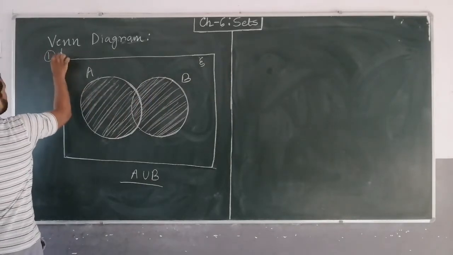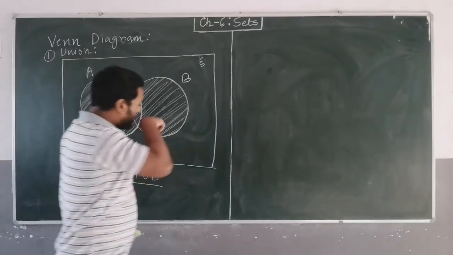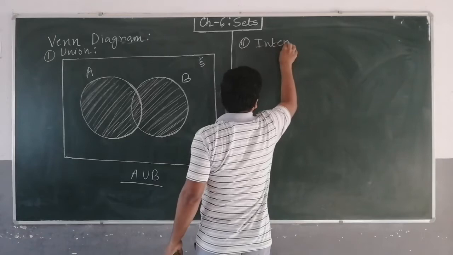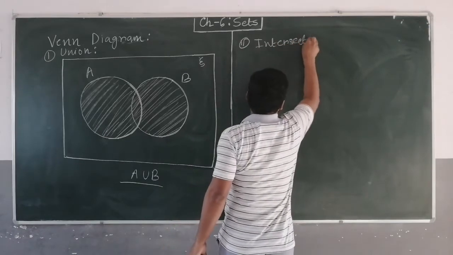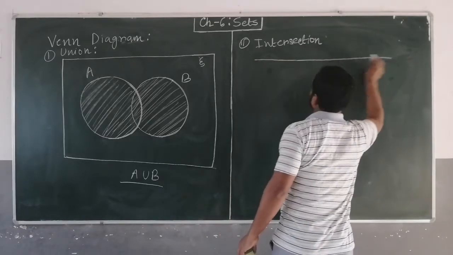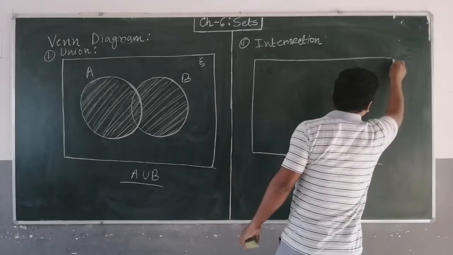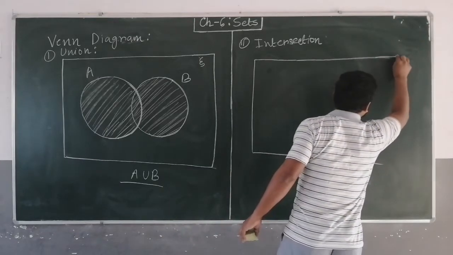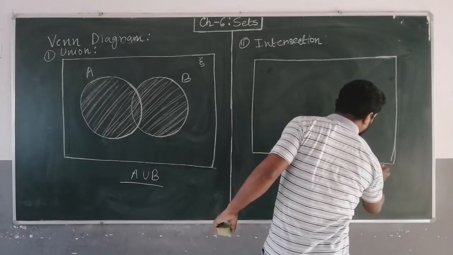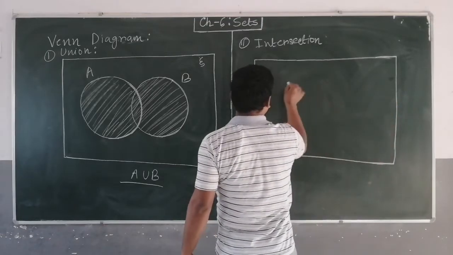Now the next operation. First operation, union. Second, intersection. Intersection of two sets.